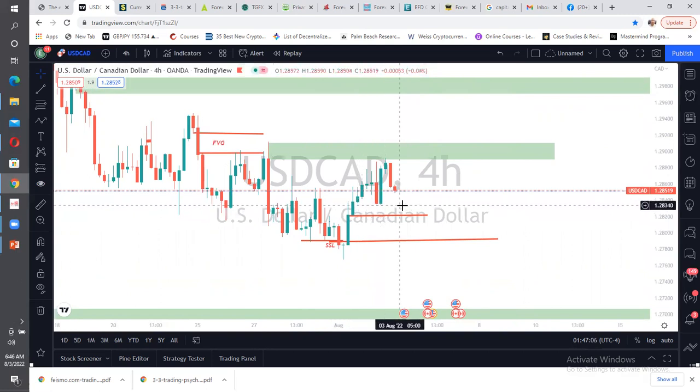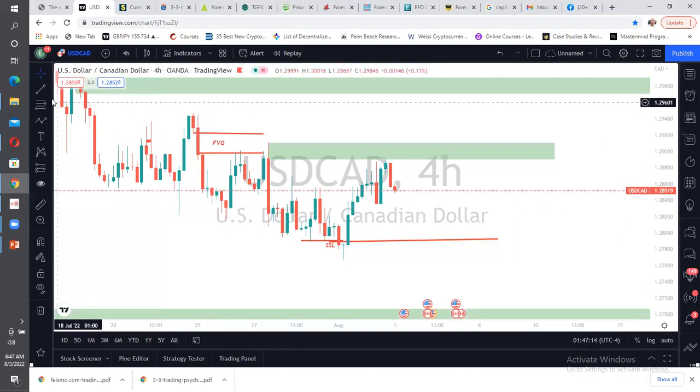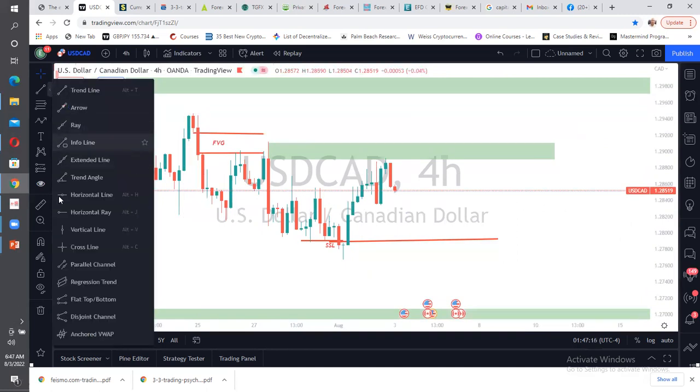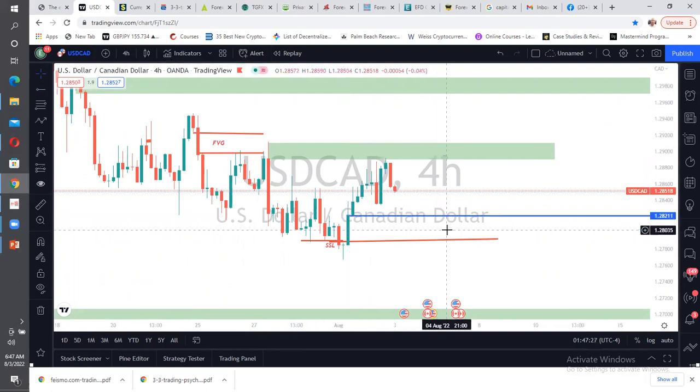Right. So what we're expecting is to see this market pull back to the downside, then find its way to the upside. Let's use the horizontal ray. We'll have this. This is the level I'll be watching here. Then we'll have this.